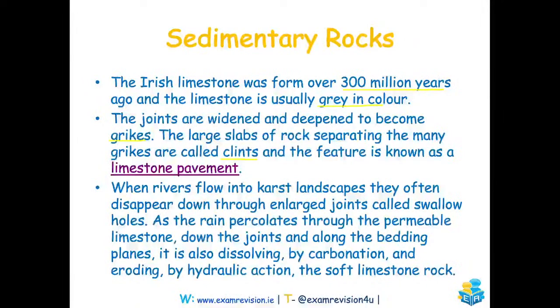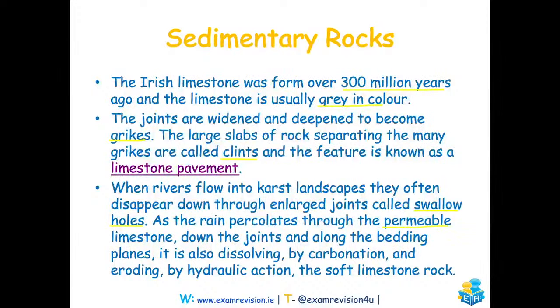When rivers flow into karst landscapes, they often disappear through enlarged joints, and these are known as swallow holes. Okay, so as the water is traveling on the landscape, the rivers will often disappear down through swallow holes. The rainwater percolates, so moves down through the limestone. Limestone is a permeable rock, so that means that water can pass down through it.